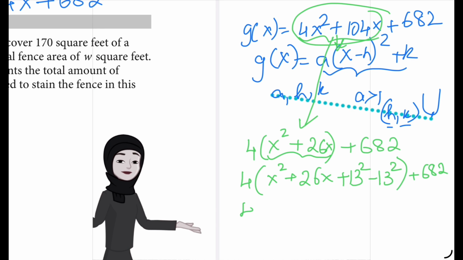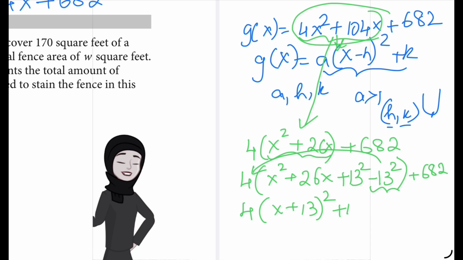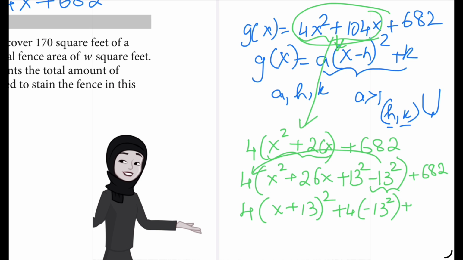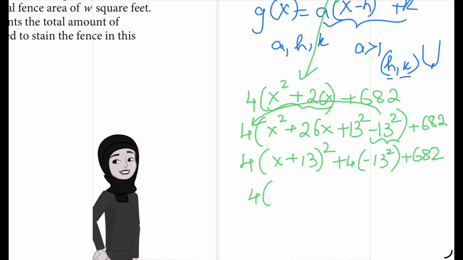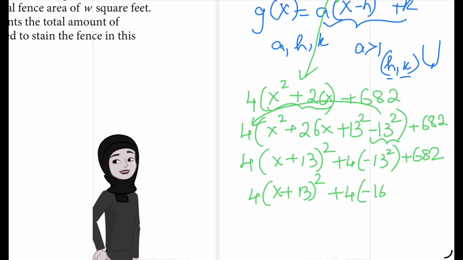And then now we will take this 4 times x plus 13 the whole square, and this 4 has to be with this negative 13 the whole square as well. So 4 times x plus 13 the whole square and 4 times negative 169 plus 682.